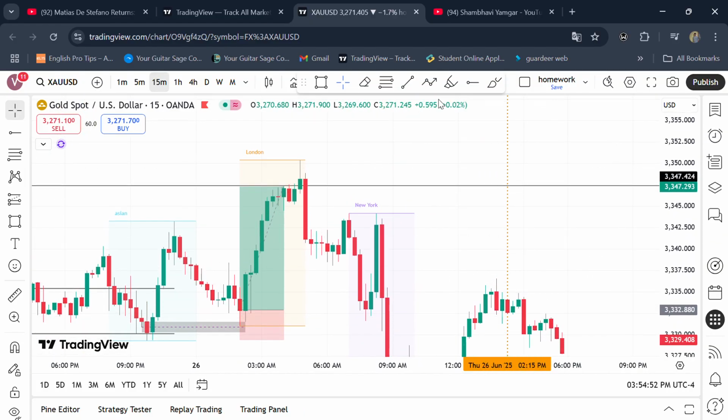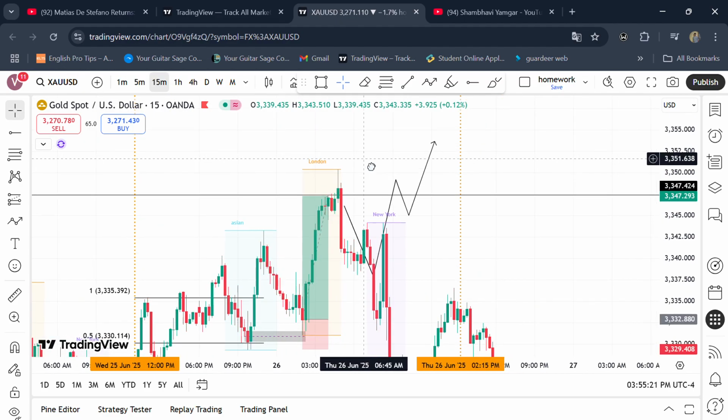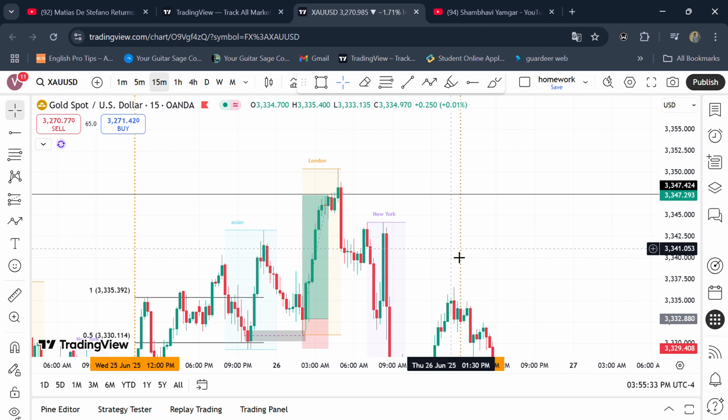We don't know if the price is going to take a rejection from here and move down, or is the price going to make a turtle soup and then take a rejection, or is it not going to take a rejection at all and it would keep moving even deeper into the 1 day order block. So this is the point where we need to wait for confirmation, for more signals to be revealed, for more footprints to become clear.